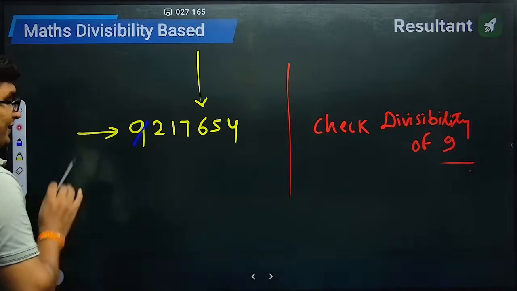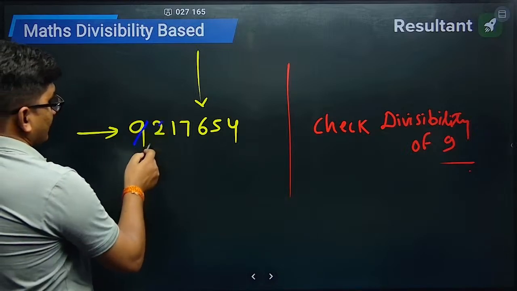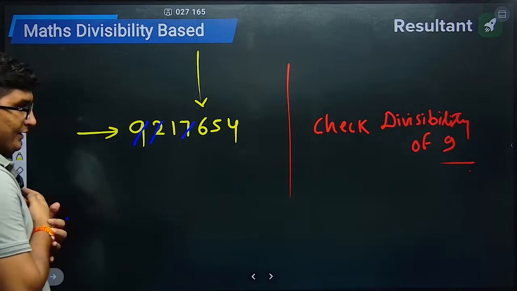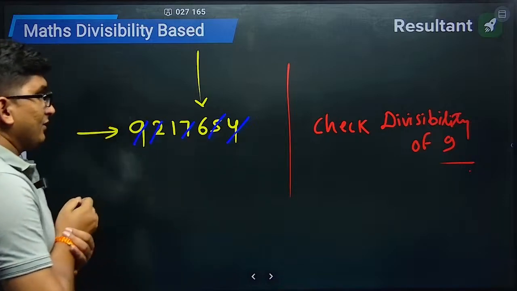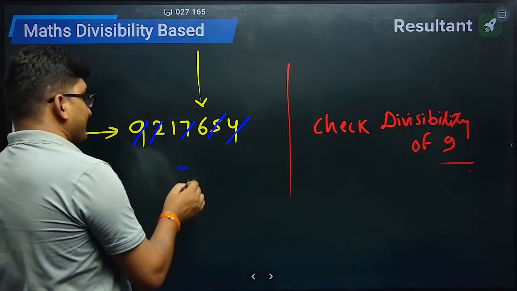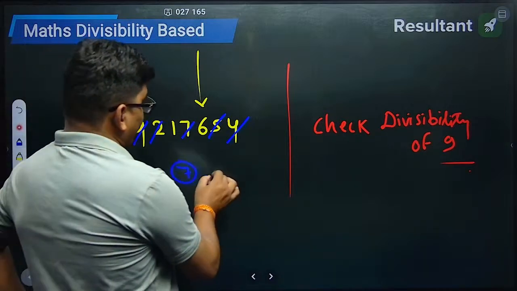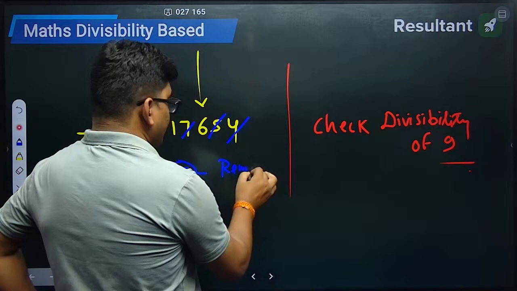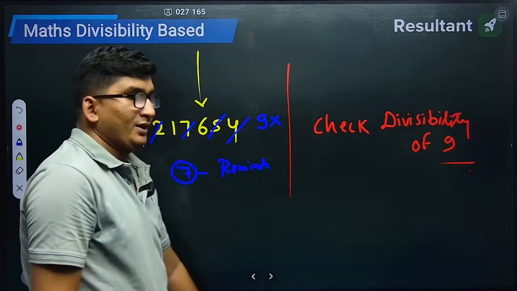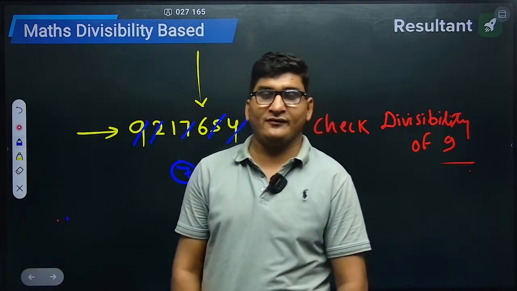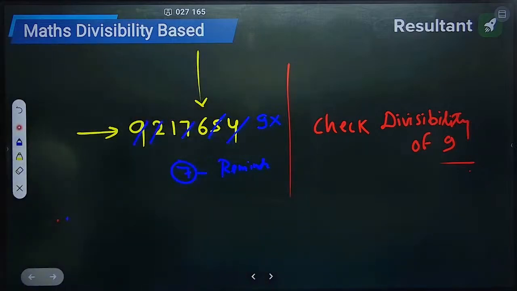So 9 will be directly cancelled because 9 is divisible by 9. 2 and 7 also make 9, so that will also be cancelled. 5 and 4 also create 9. But 6 and 1 give 7, and 7 cannot be divided by 9. So 7 will be the remainder, and this number will not be completely divisible by 9. Please confirm if everything is correct or understood.